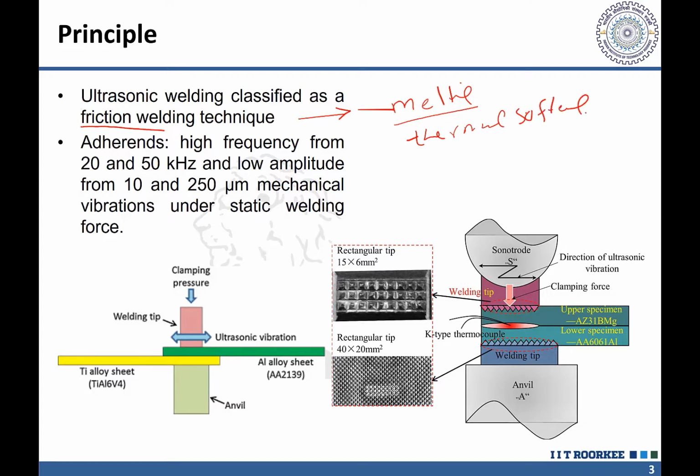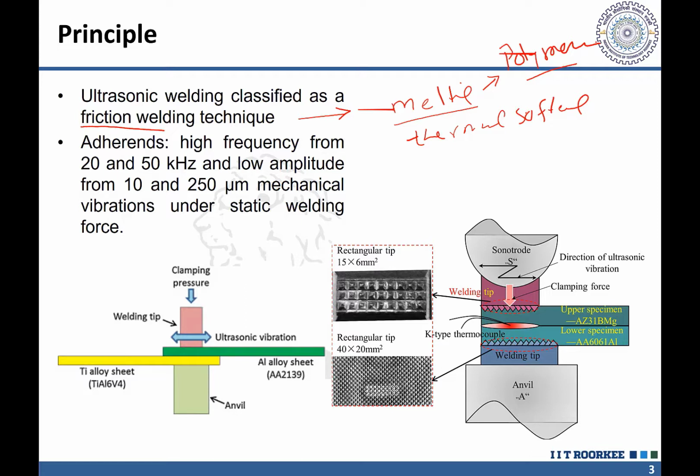Depending upon the workpiece materials, melting is frequently observed in case of polymeric materials, while it may not be the target in case of metallic material. However, accidental or abnormal welding conditions may lead to localized melting here and there.